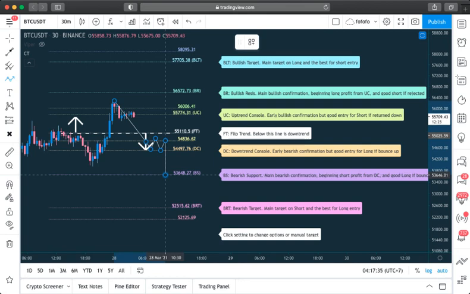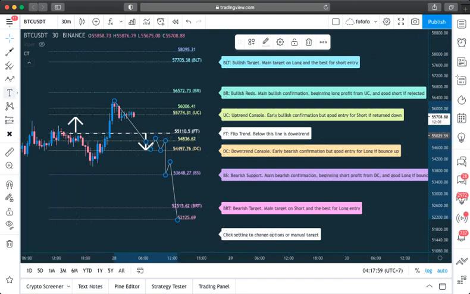Usually on the first test of bearish support, it will have a rebound. If the situation is very bearish, the rebound will be very weak. So it will not have a big jump to the downtrend console, but maybe just half of the way, then it will reach the bearish target.